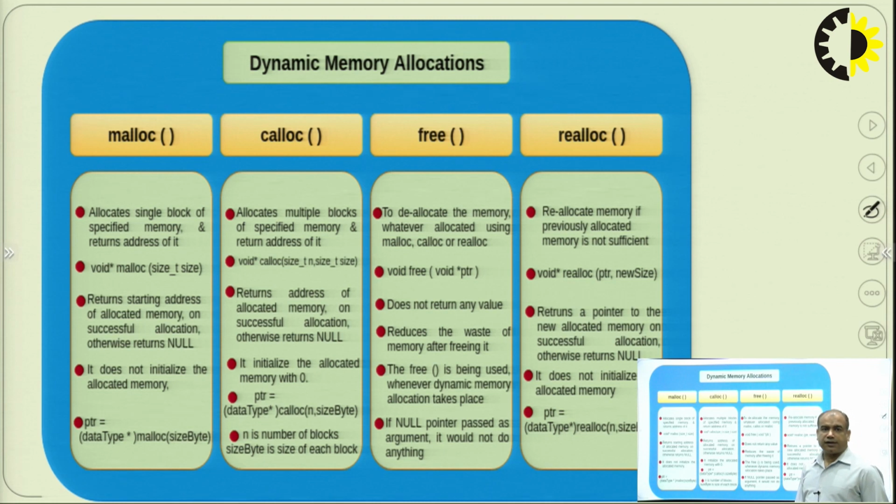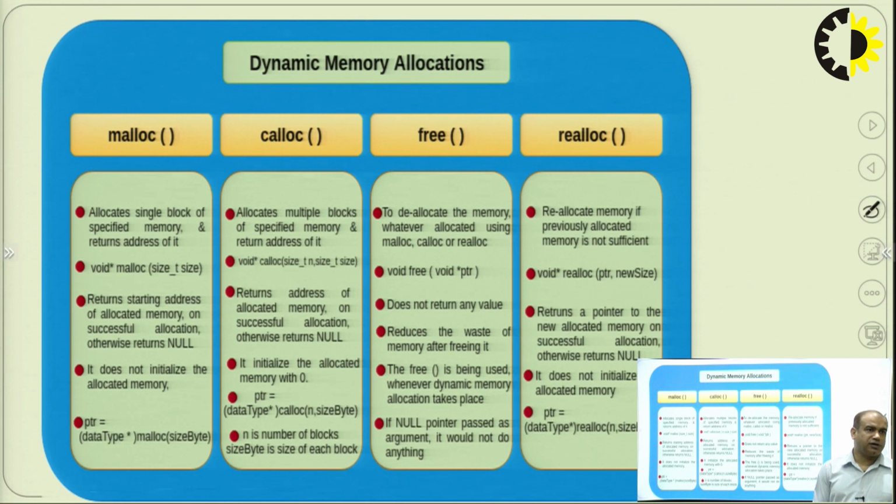So let us recap all the functions once again. If in an examination a question comes on the difference between dynamic memory allocation functions, then we have to make this table and define it.